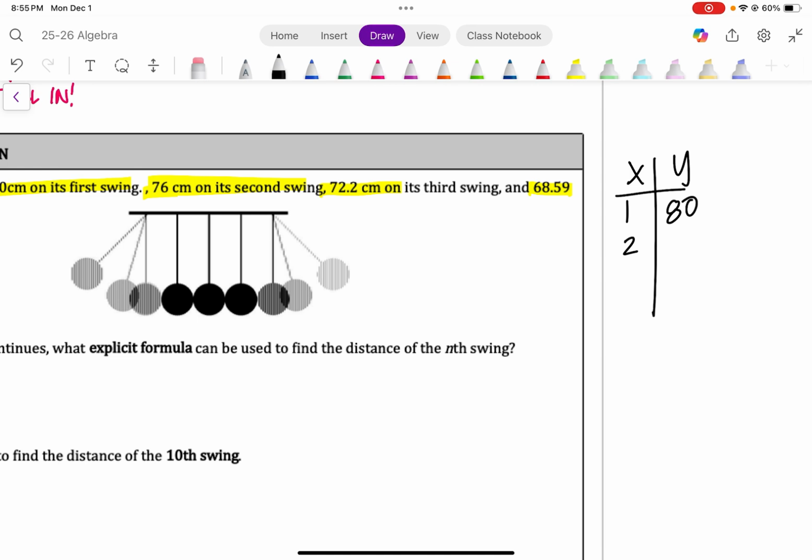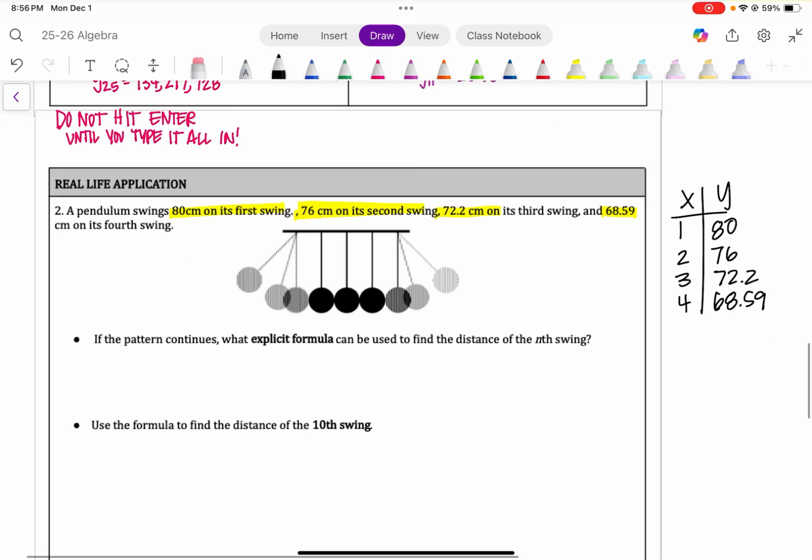My second swing, it went 76. Third, it went 72.2. Fourth, it went 68.59. So we need to figure out how much smaller this is getting. If it was linear, it'd be easier to see. Exponential can be easy when you're multiplying by numbers you're used to, like a half or 3, just really common numbers. But I don't know what I multiply 80 by to get 76.